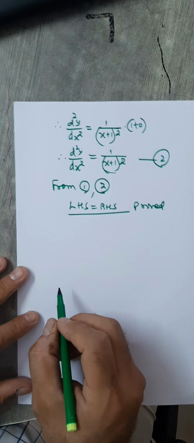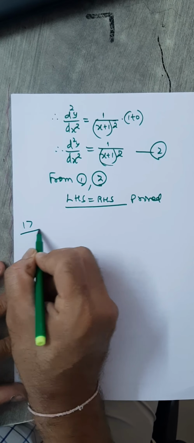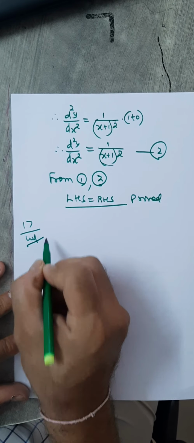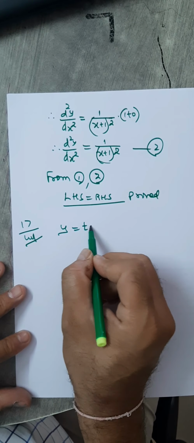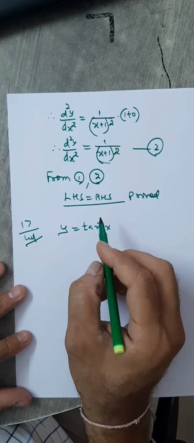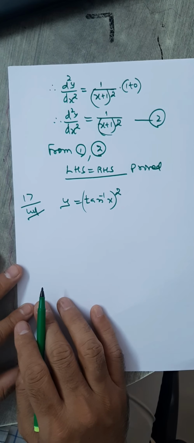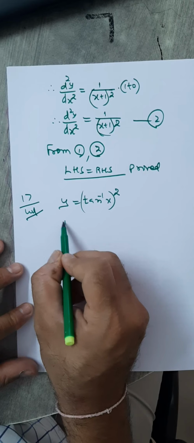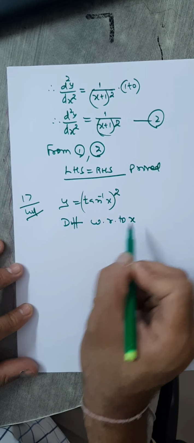Now, last question here. Question number 17, which is an important example. You are given y equals (tan inverse x) the whole square. We want double derivative, so we first differentiate it once with respect to x.